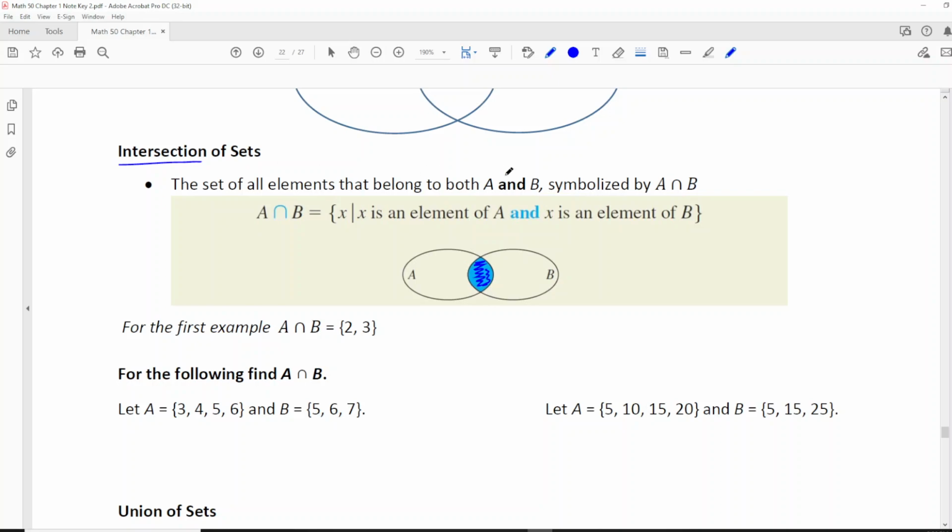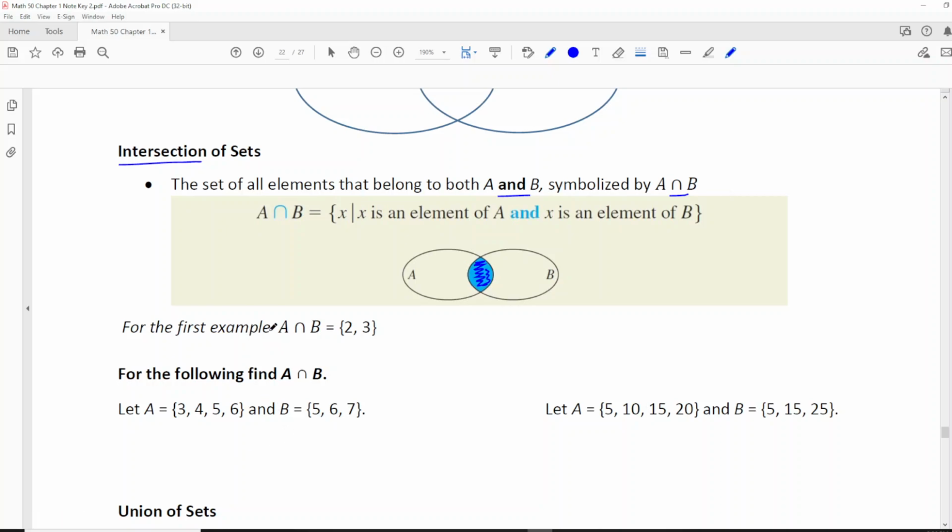Intersection means where they satisfy A and B. So intersection has an N, so does the word and. So intersection means and, because mathematicians are lazy, they don't want to write either of those words, so they use this symbol, which is an upside down U, which kind of looks like an N. Isn't that nice? So intersection and upside down U, which looks like an and, all mean the same thing.